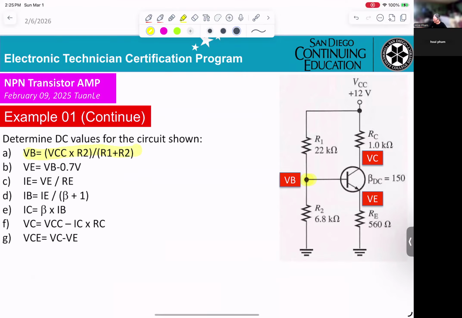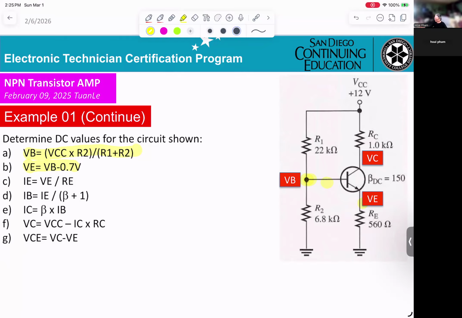This is the formula to calculate the VB. Okay? If you want to calculate the VE, basically from the base to the emitter, you get the diode, VBE equals 0.7 volt. So VE equals VB minus 0.7 volt.